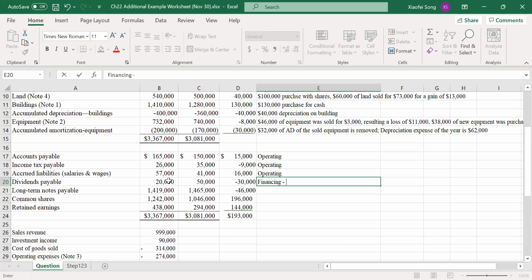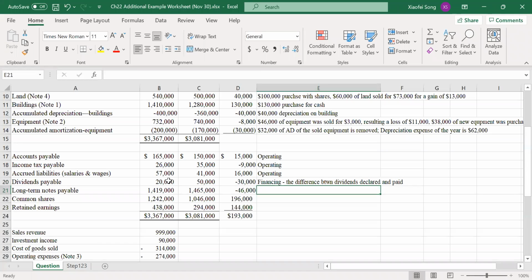It's the difference between dividends declared and paid, right? Dividend declared would be part of the change of retained earnings, but dividend paid is cash, financing cash outflow.